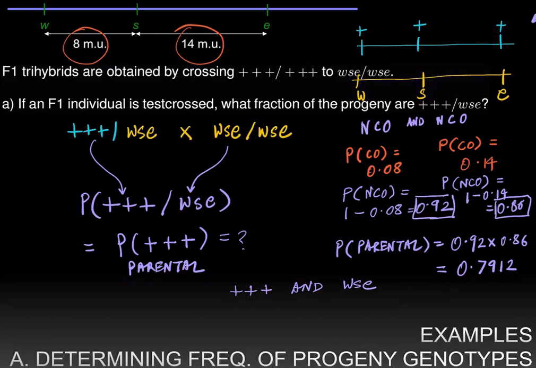Now, there are two parental genotypes, plus plus plus and WSE, and therefore, if you don't have any crossovers and you get parental genotypes, half are going to be plus plus plus, and the other half are going to be WSE. Therefore the probability of getting a plus plus plus individual is 0.7912 divided by 2, which is 0.3956, or 39.56%.